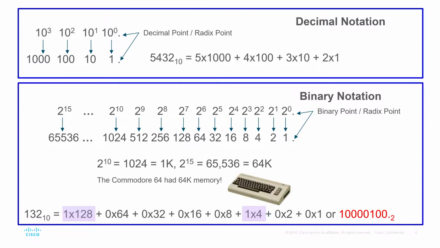In binary, the base is 2. Therefore, we start with a binary point, or for simplification, it can be referred to as a radix point.